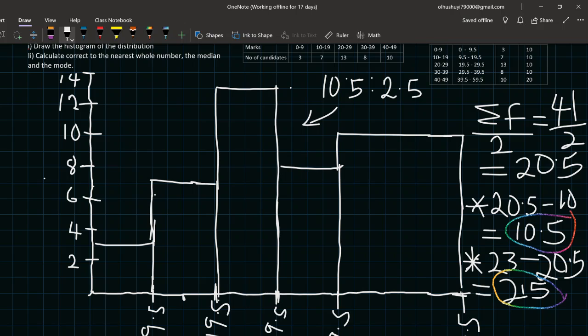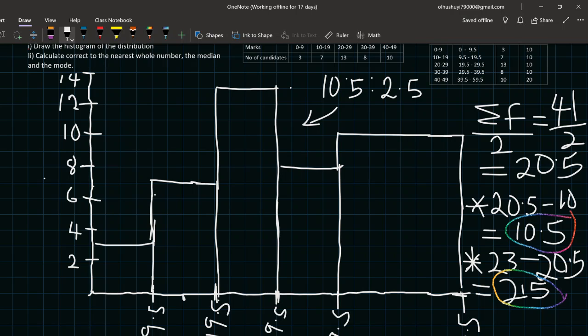So what do we do? In the ratio, we know. How do we calculate this ratio? If we have something like this, we know that between 19.5 and 29.5, the value we have between that is 10. Yes, that is 10.